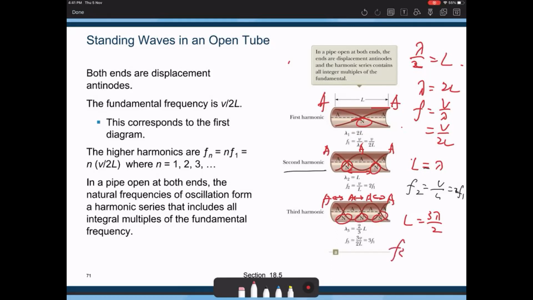Correspondingly, F3 is equal to V over 2L over 3. Sorry, I'll write it better. 2L over 3. And that is equal to 3 times F1.